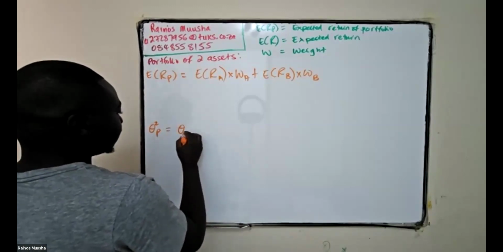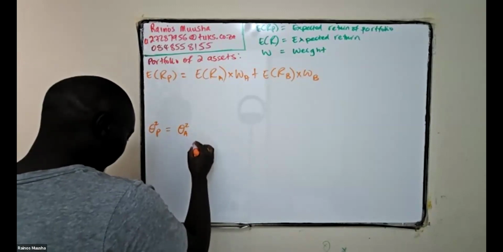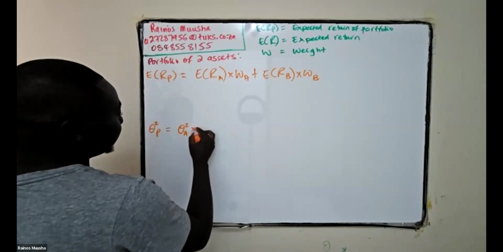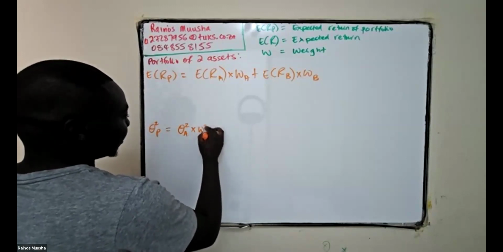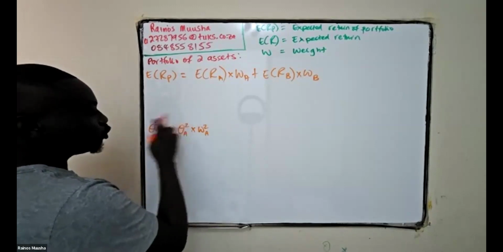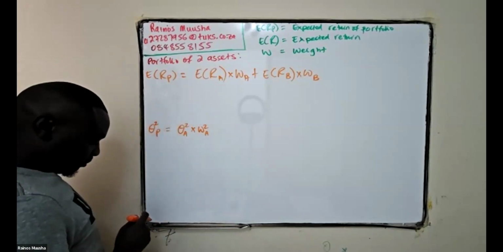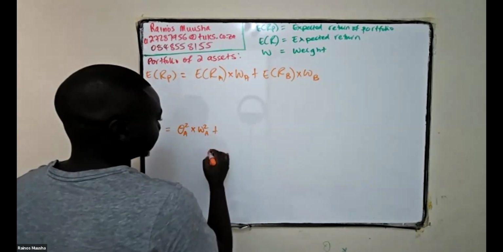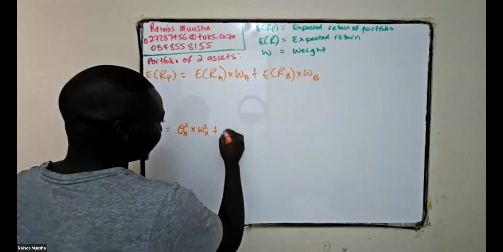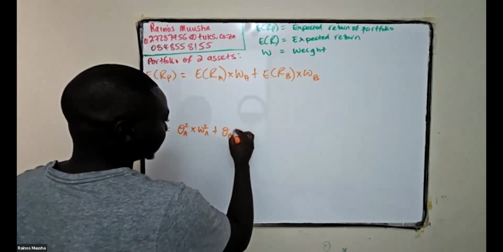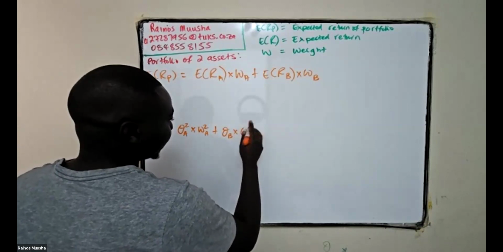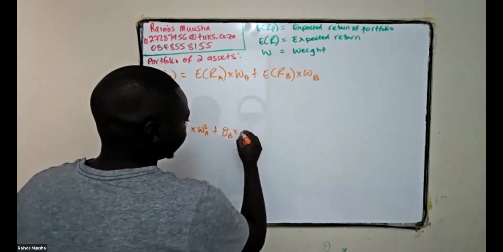the standard deviation of asset A squared multiplied by the weight of asset A squared. Remember, squared means to the power of 2. Plus the standard deviation of asset B squared multiplied by the weight of asset B squared.